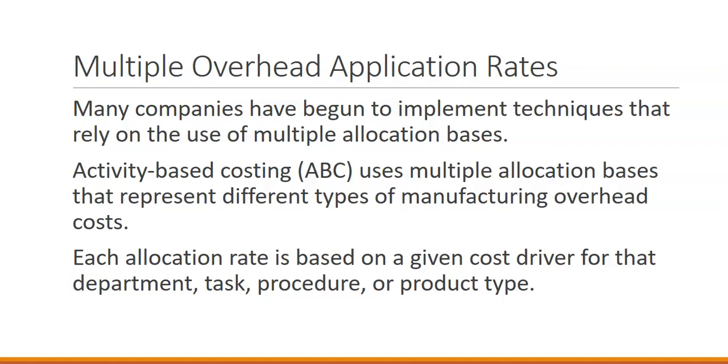If we said milling uses a machine, we use a machine to mill tables. So instead of direct labor costs, we're going to use machine hours to calculate the overhead application to milling. And finishing uses direct labor, so we're going to use direct labor to allocate overhead to finishing. And we're going to do a lot of examples in class because I know this is confusing.